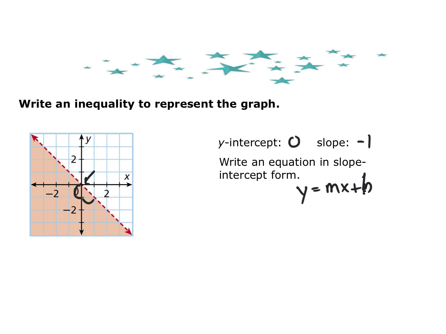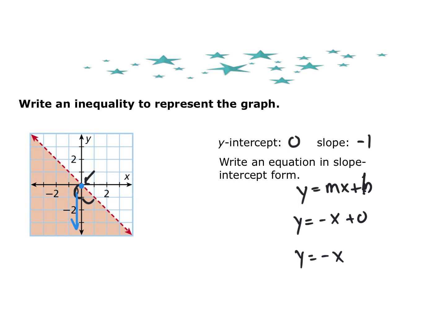But first, let's write the equation. By writing the equation, I get y equals, the slope is negative 1, so negative x plus 0. Now, we don't have to write the 0. You can write y equals negative x, and that's fine. Now, you are almost done writing this. You're going to look at where the shaded area is. From the y-intercept, we notice it's shaded down, so our y is actually becoming smaller.